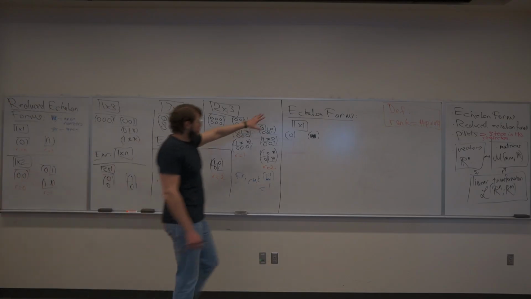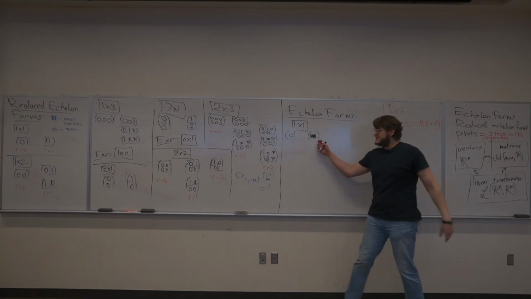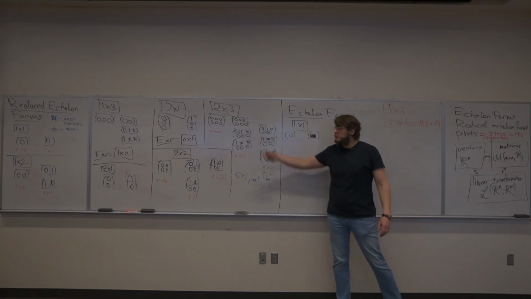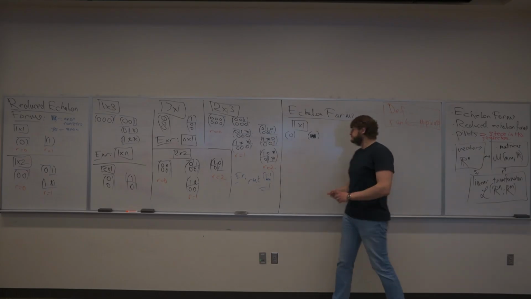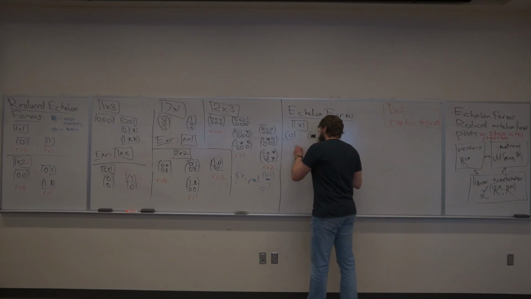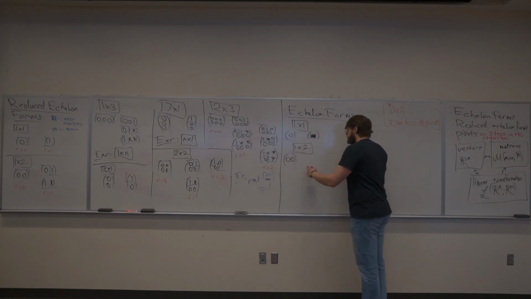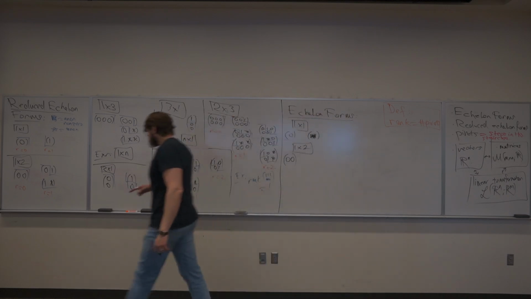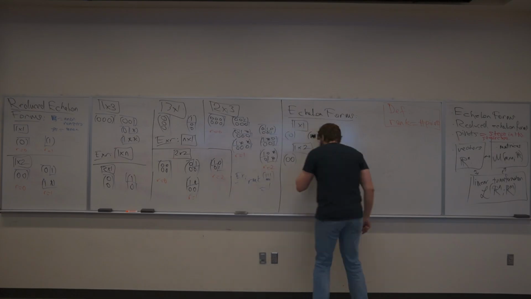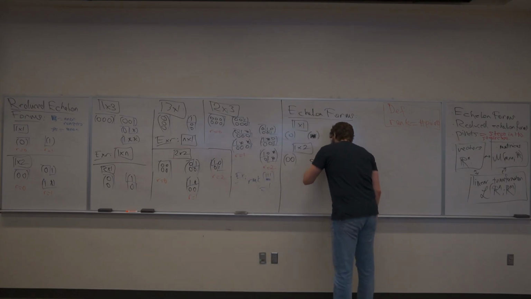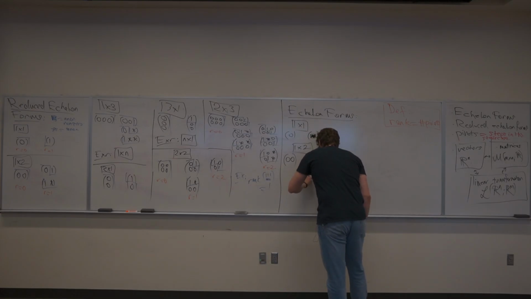Eventually, you're going to reach the echelon form, and then you're going to do one more row reduction step to get from here to there. So for instance, if I were to have 1 by 2, again, I would have this. And so I look at this, for instance. This 0 is going to stay, you see. You cannot change this 0 by using row operations. But this 1, maybe you can mess it up. So this would turn into something like this, or it could turn into something like this.